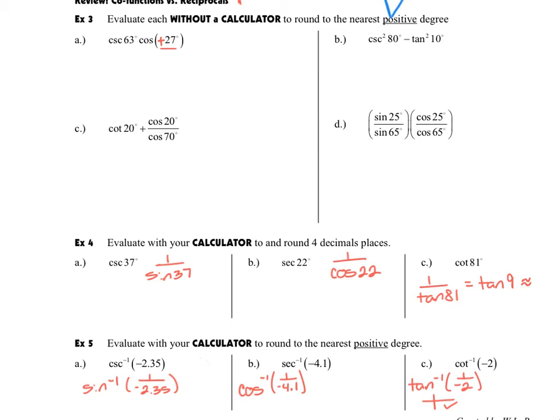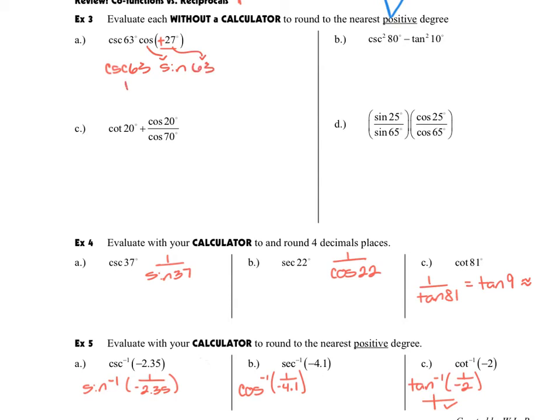It doesn't matter which. I'm going to go ahead and keep the cosecant 63. Sorry about that, cosecant 63. I don't know why I wrote an extra S there. And then I'm going to change cosine to its cofunction, which would be sine, and change its angle to its complement, which would be 63.